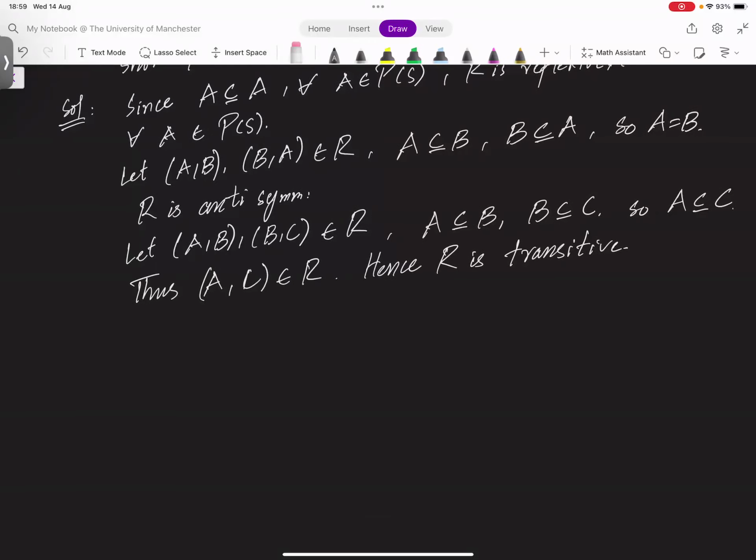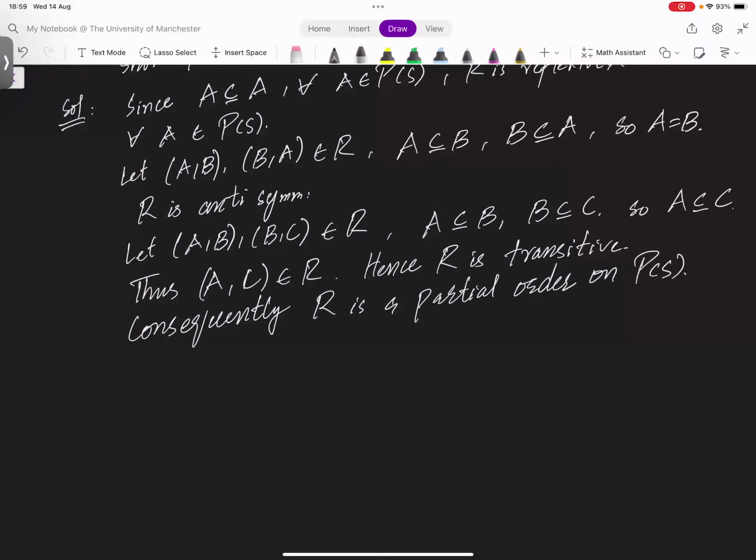Consequently, R is a partial order on P(S).